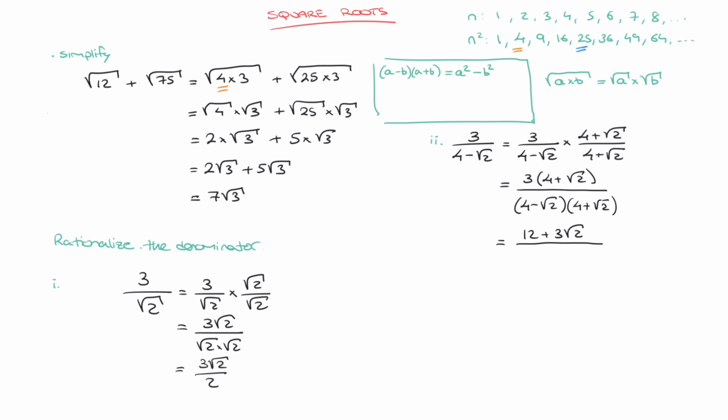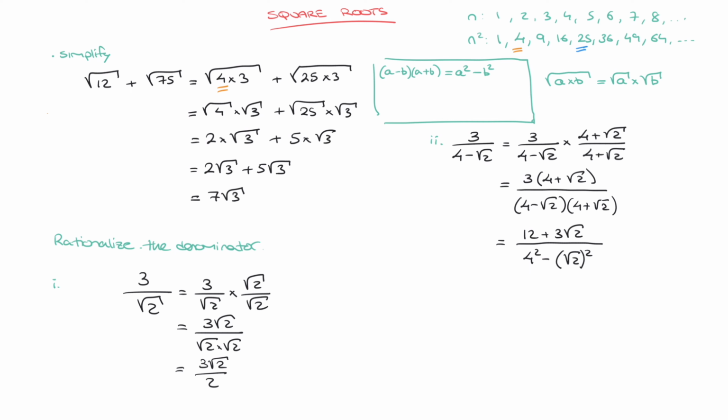But as I said a few seconds ago, this 4 minus root 2 times 4 plus root 2 should be thought of as a minus b times a plus b. So that's going to equal the equivalent of a squared minus b squared. So in this case, that will be 4 squared minus the square root of 2 squared. I'm a bit uncomfortable writing it that way, so I'll put it in parentheses.